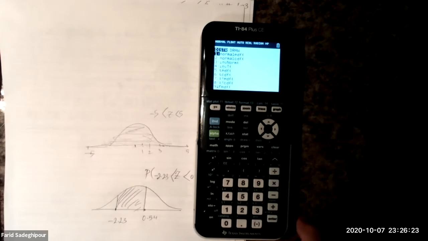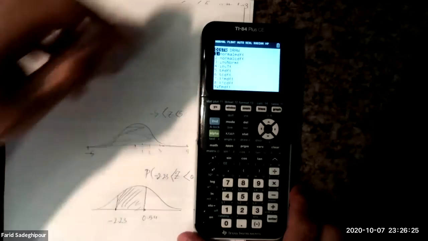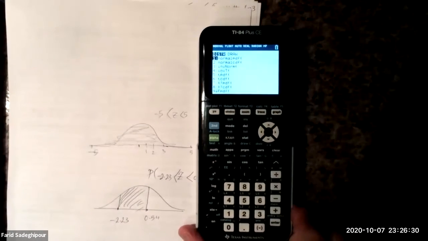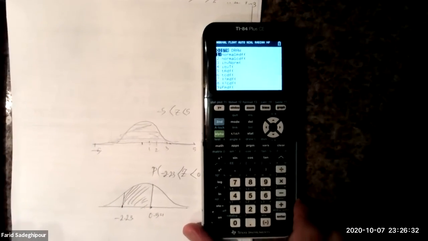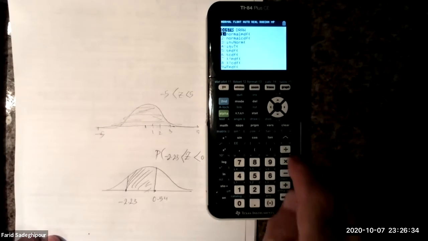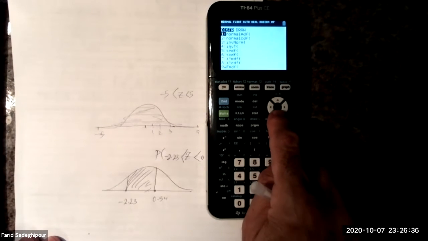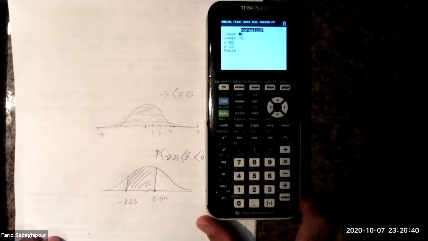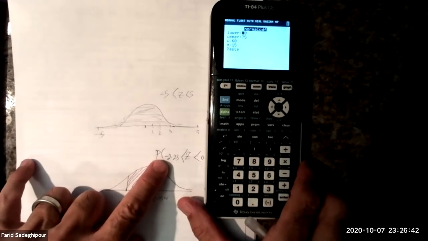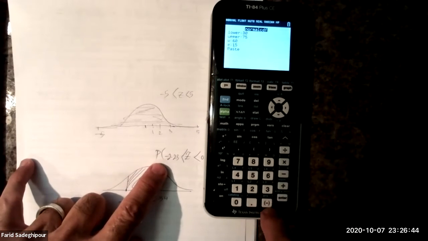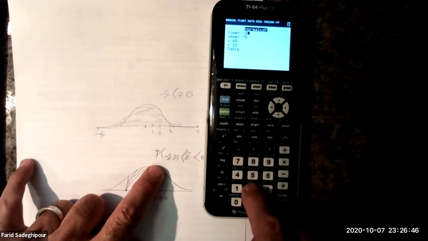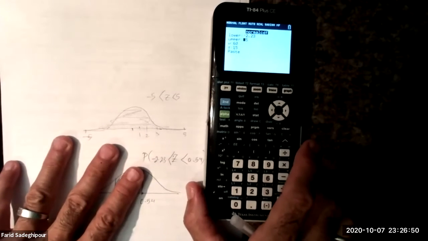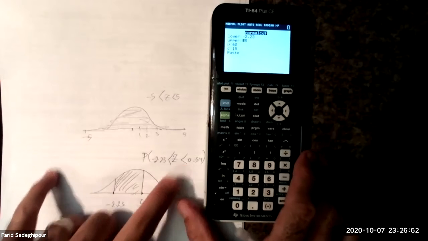Second VARS is normal CDF. I don't know if you could see it or not. The lower one is -2.23, and the upper one is 0.54.